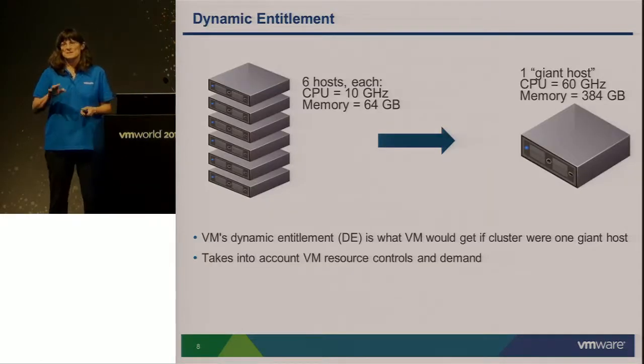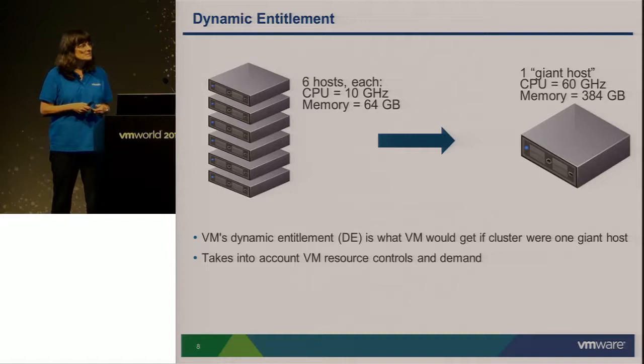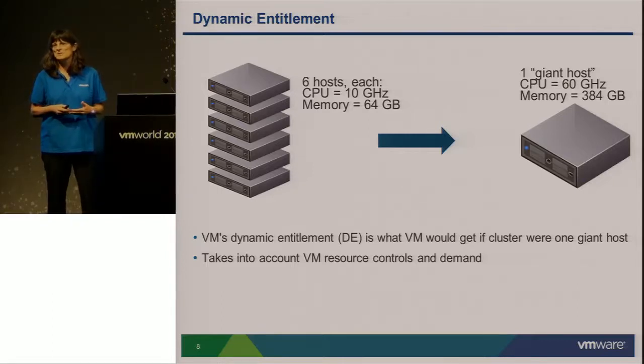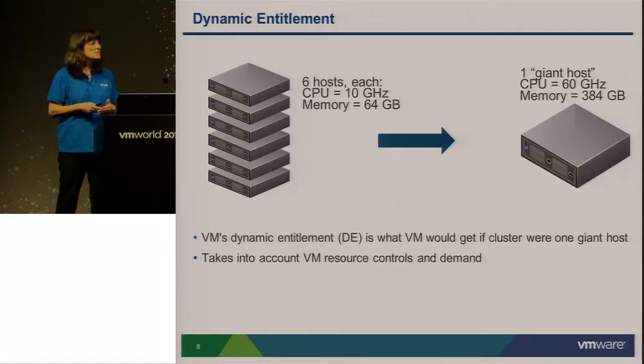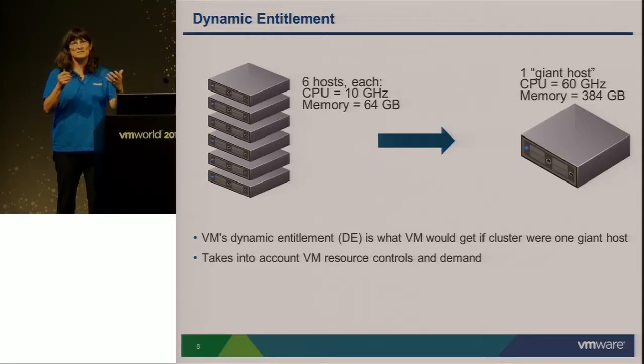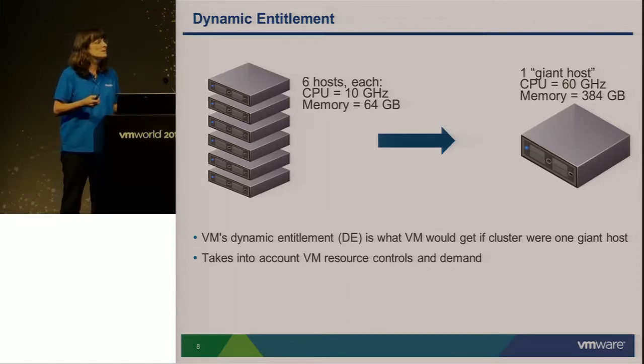To start with, as you probably know, DRS treats the cluster of a set of hosts as if it were one giant host. So in this example, there's 6 hosts in the cluster. Each of the hosts has 10 gig of CPU and 64 gigabytes of memory. But DRS treats this as if it was one giant host of 60 gigahertz and 384 gigabytes.